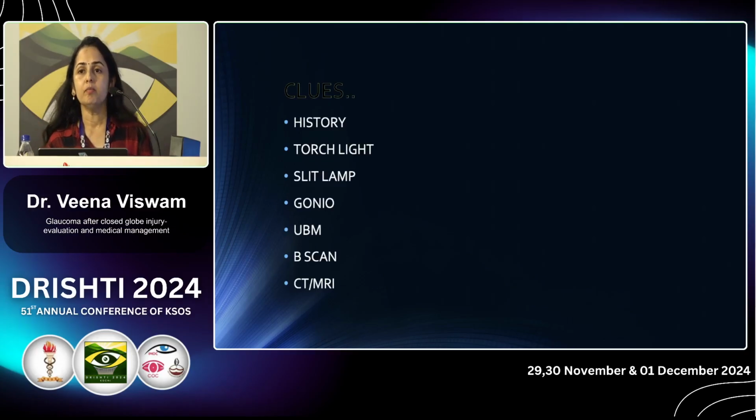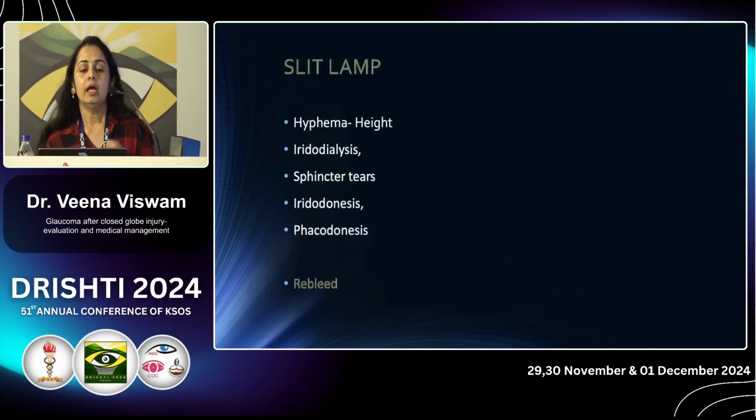A B scan may be useful when dealing with patients with total hyphema to understand the status of the inside of the eyeball. Sometimes if you are suspecting open globe injury in a case of hyphema, CT or MRI may also help you come to the diagnosis. In a slit lamp examination, the hyphema height should be measured so that you can see how it is regressing.